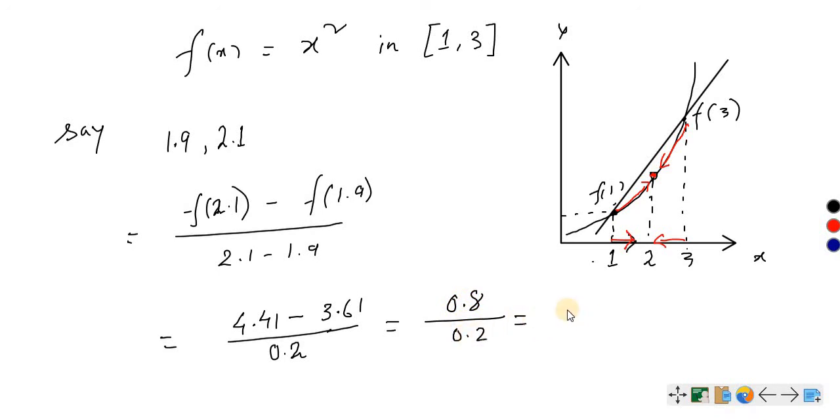So what we are getting? We are seeing that we are getting the value 4. That is, for f of 2, we will be getting 4. This is the instantaneous quantity or value of the function at a particular instant of time.